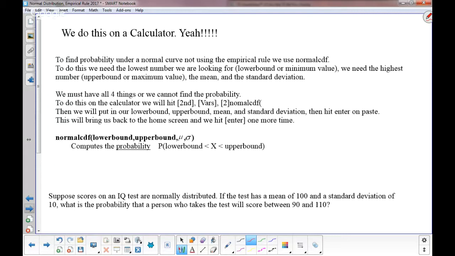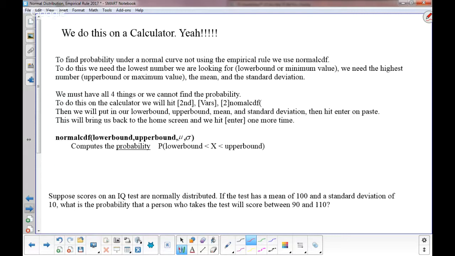To do this, we do need the mean and the standard deviation. That's guaranteed. We have to have those to do the probability. And then we're going to look for a lower bound and an upper bound. Now, lower bound and upper bound doesn't mean we're just going to take a small number and a big number. If we're looking between two numbers, we'll have a lower bound and an upper bound.